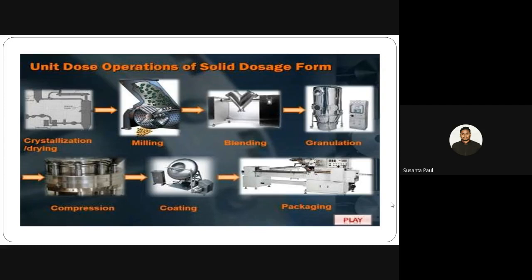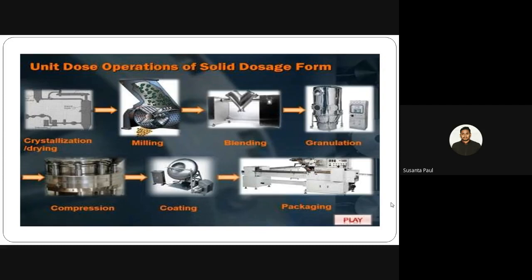The first step is the weighing of the ingredients. The ingredients should be weighed accurately using a balance of good quality, and there should be a double check on the weighing in order to rule out any errors.